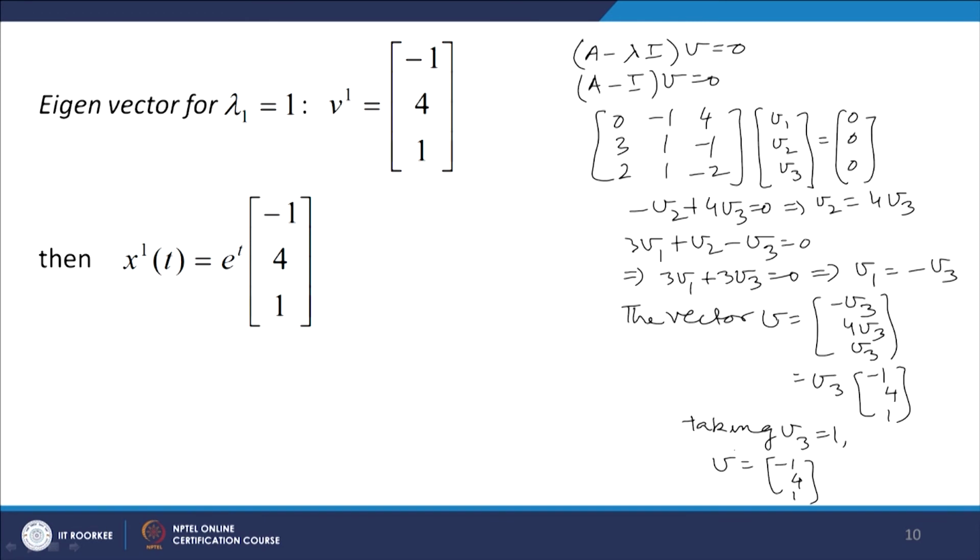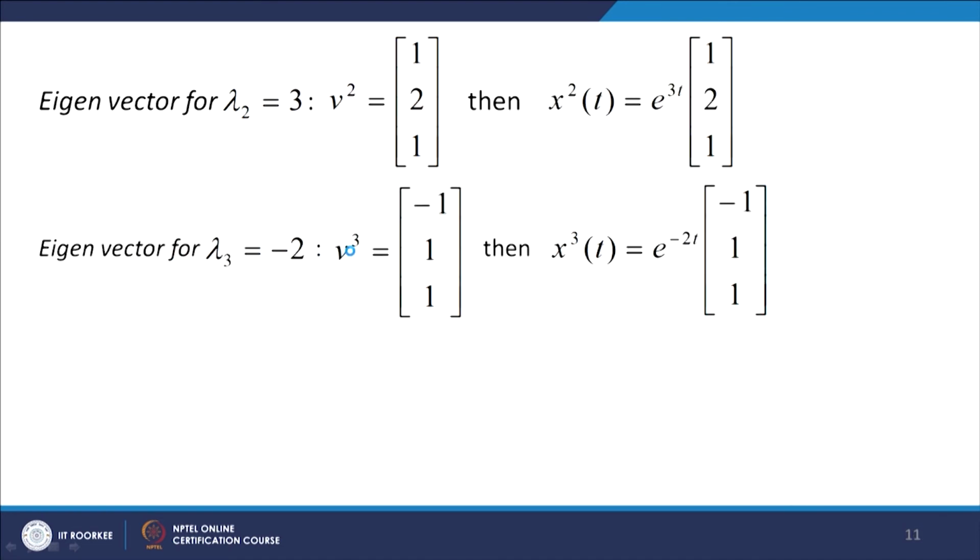So, this is vector v1 corresponding to eigenvalue lambda 1, and therefore, one solution of the vector differential equation for the eigenvalue lambda 1 and eigenvector v1 is e to the power lambda 1 t, that is e to the power t, times minus 1 4 1. So, this is one solution of the given differential equation.